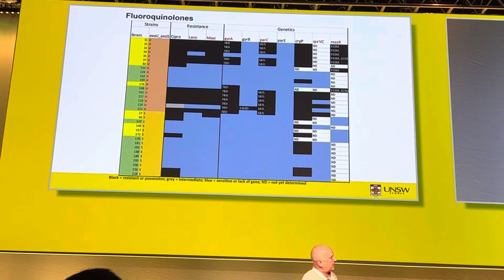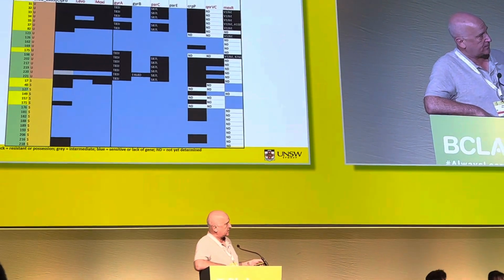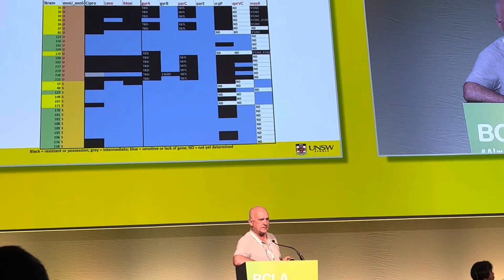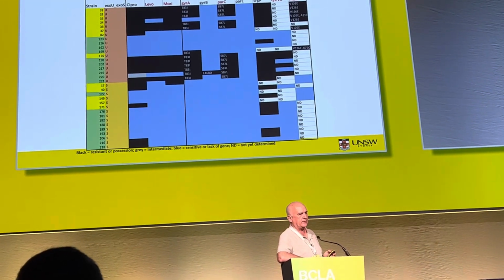But you can see for fluoroquinolones, hopefully, that the ExoU strains have much more black than the ExoS strains, and so much more commonly are resistant to fluoroquinolones, like ciprofloxacin, levofloxacin, or moxifloxacin.